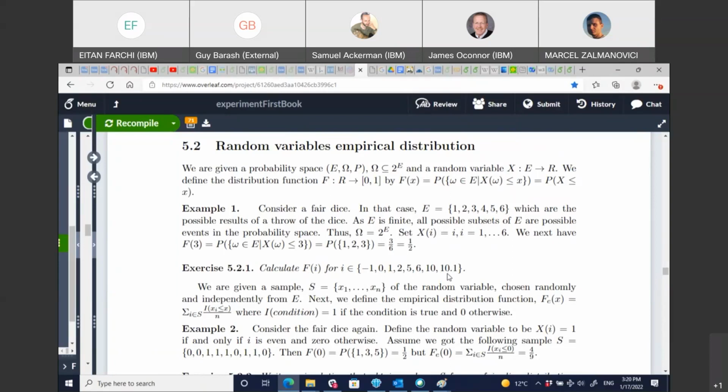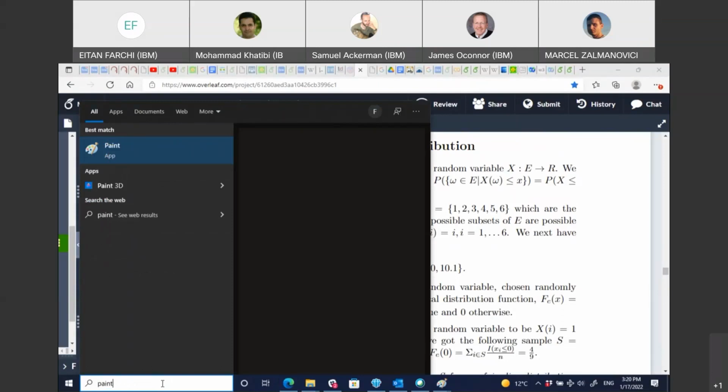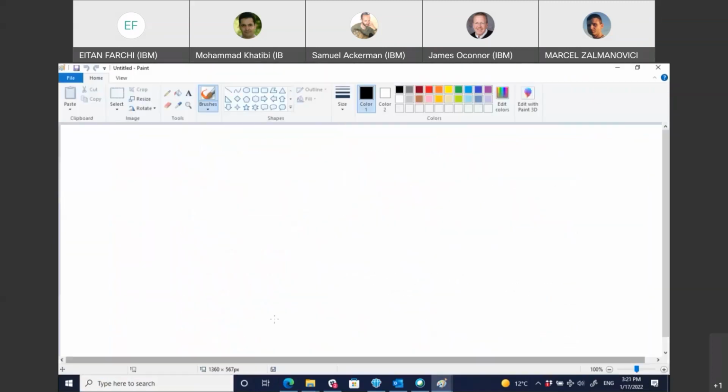Now what's the value of the distribution function at 10.1? 0. No. 1. Okay, because let's see it together. It takes a minute to understand these concepts, but then they become very easy.